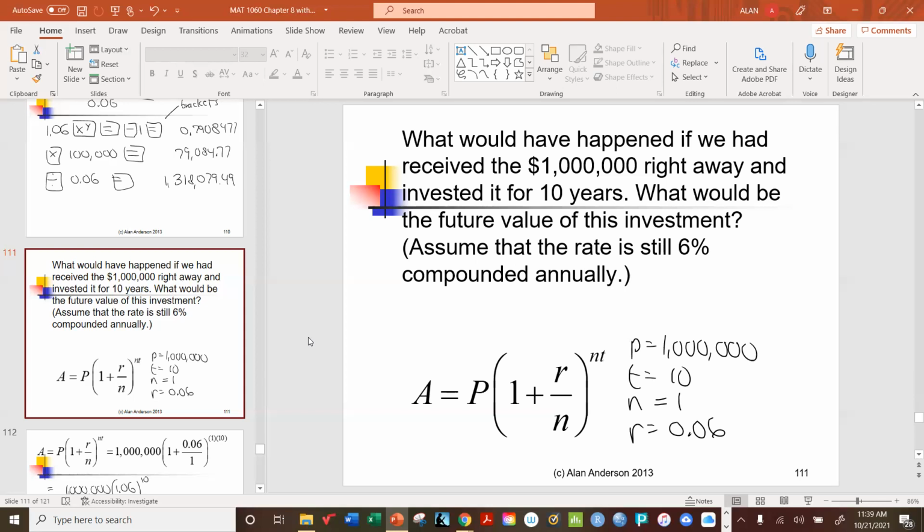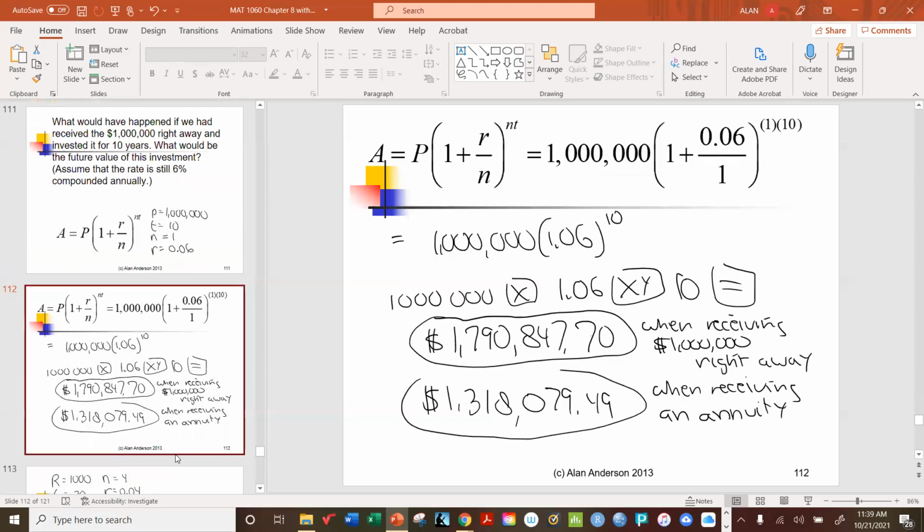Okay, let's find out. So if you simplify this, you see that all you're really doing is taking 1.06, raising it to the 10th power, and multiplying it by $1 million. These are the keystrokes. And so you can see, oh man, that made a big difference, didn't it?